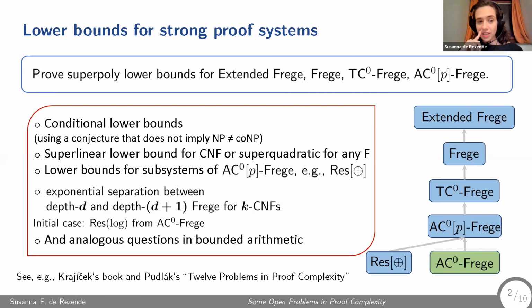Then another very interesting open problem is to prove exponential separations between depth d and depth d plus 1 Frege for k-CNFs. An initial case one could address is separating Res(log) from AC0 Frege. And there are analogous questions in bounded arithmetic, which Neil mentioned in his talk.